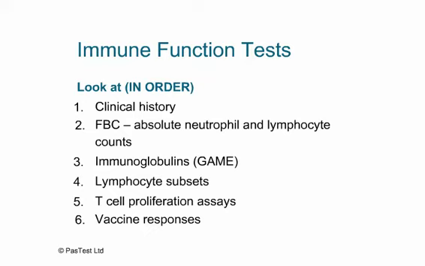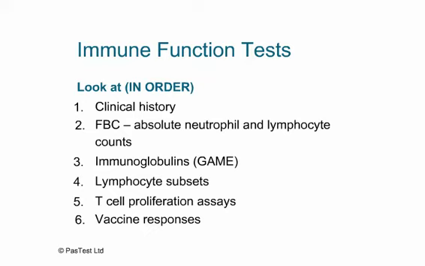And what happens in this test is that T cells are separated out, or the whole of the lymphocytes are separated, and they're stimulated with PHA, which is a non-specific T cell stimulant that induces T cells to proliferate. And after culture with this for a week, then the rate of proliferation is measured by incorporation of a radioisotope.